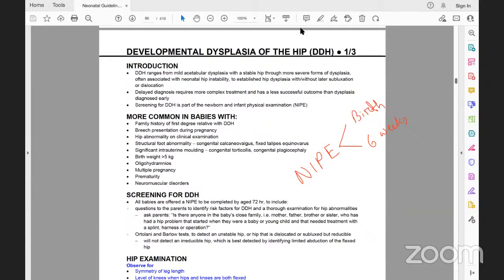So sometimes when we check the baby at birth, baby is okay. At 6 weeks, baby is okay. But after 3 months, the baby presents with irritability. She cannot tolerate the diaper change, she's crying on diaper change.